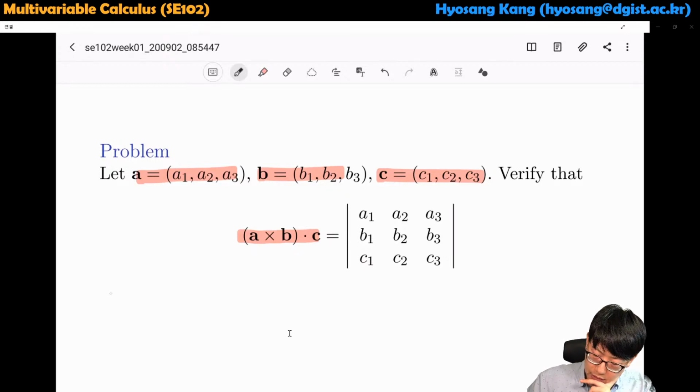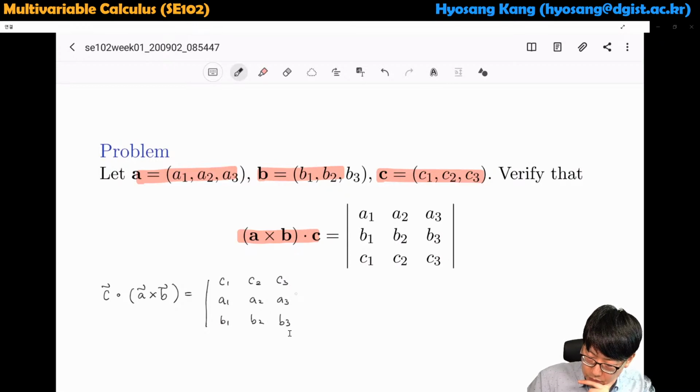First of all, think about C dot A cross B. We mentioned that this is equal to replacing the i, j, k places by entries of C: C1, C2, C3, and A1, A2, A3, and B1, B2, B3.